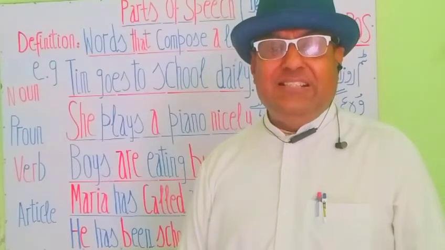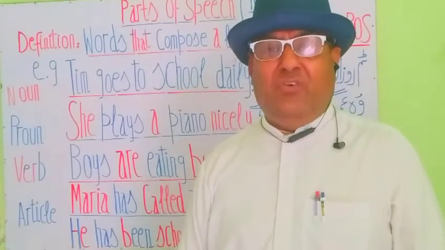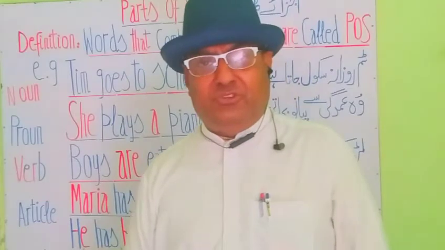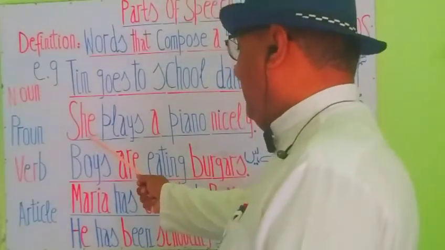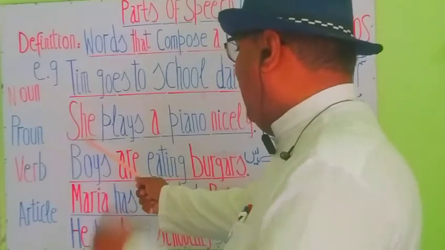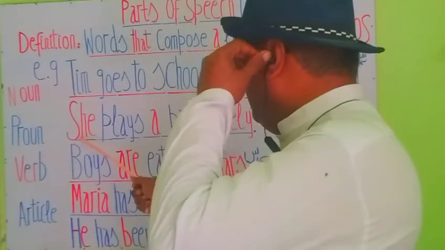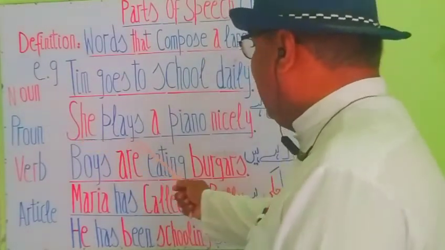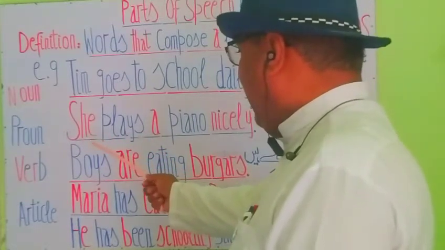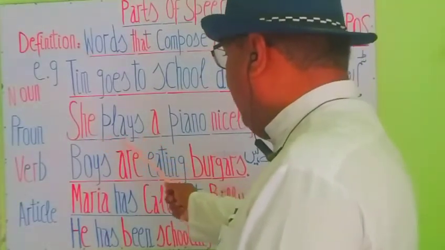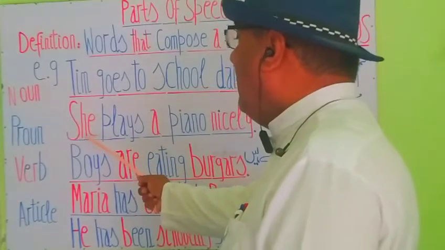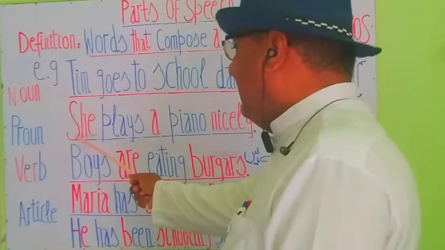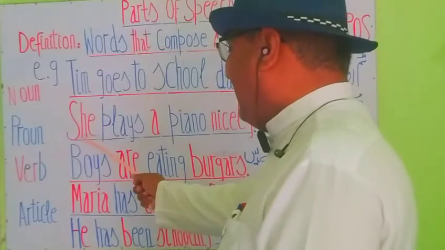Here, in place of a female noun, we have used she. So she is a pronoun here and plays is a verb. A verb is an action word.